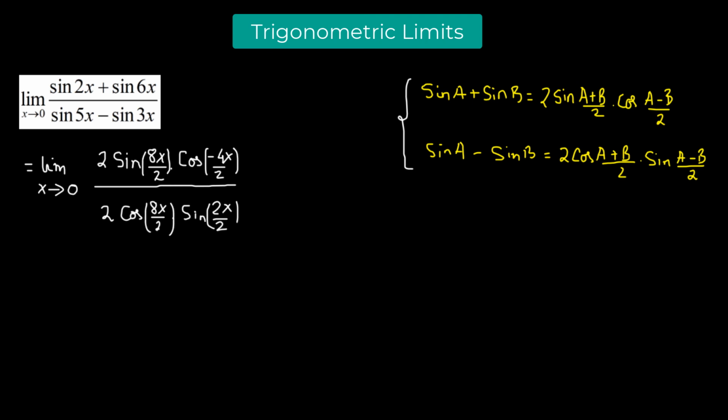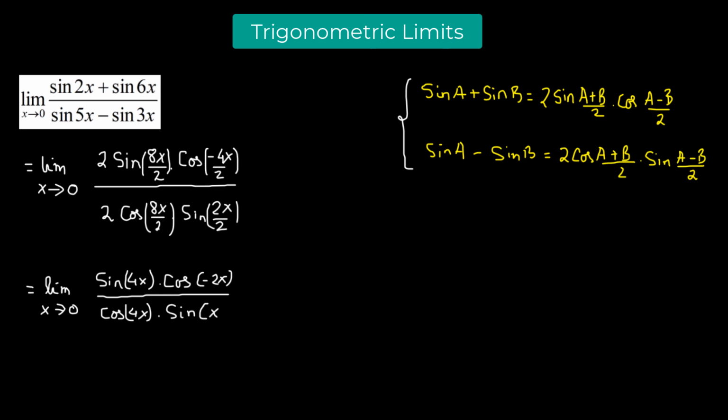So we'll get the limit x approaching 0. The 2 and 2 get cancelled out. We have sine of 8x over 2, which gives us 4x, times cosine of negative 2x, divided by cosine of 4x times sine of x, which equals the limit x tending to 0.